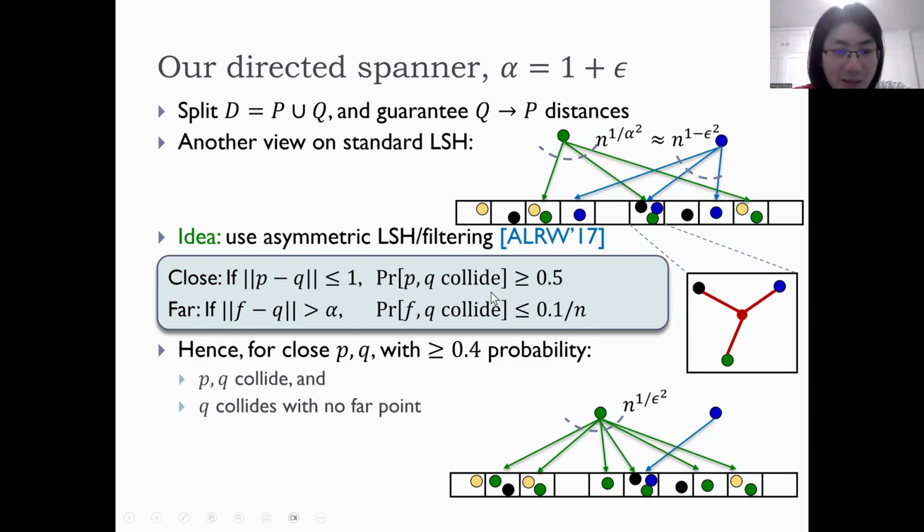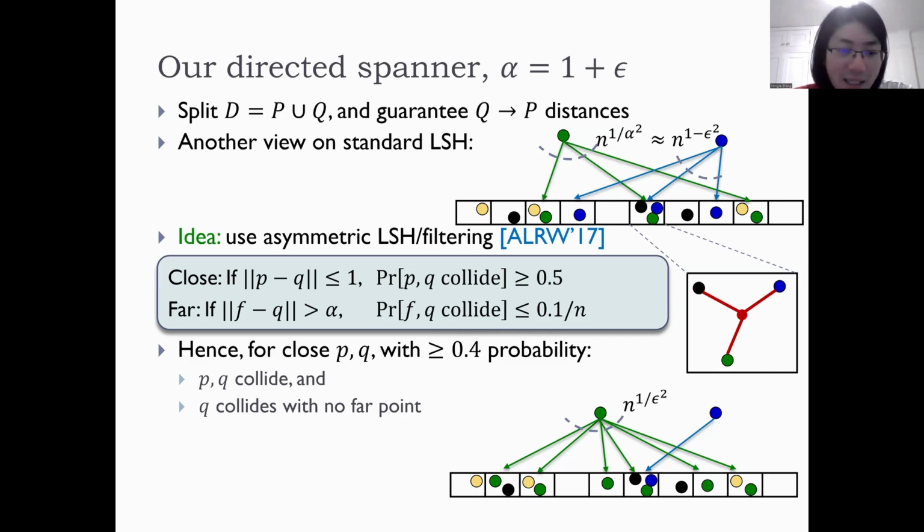Hence, we can use the union bound to conclude that for any fixed point Q and a fixed point P, if they are close, they will have larger than 0.4 probability of colliding, and also Q doesn't collide with any far point.